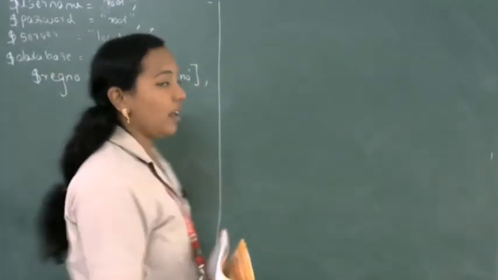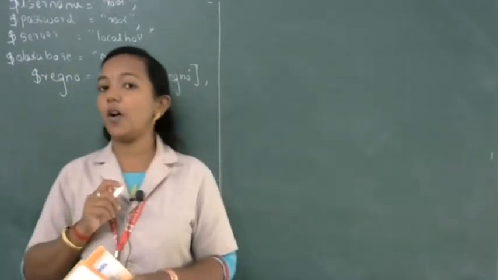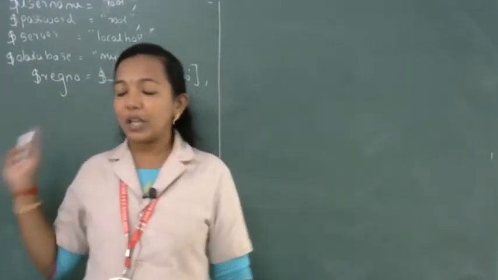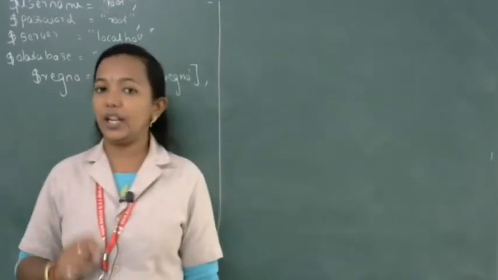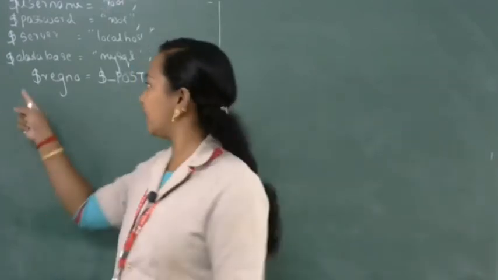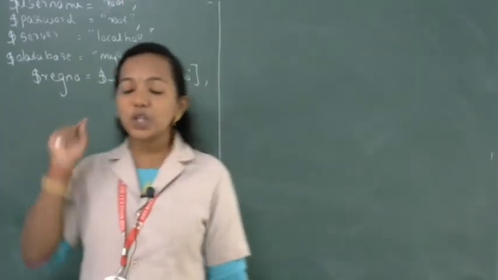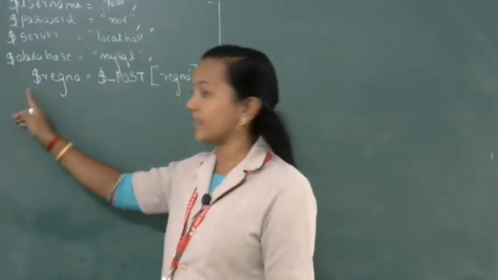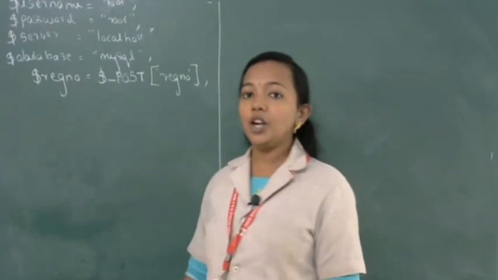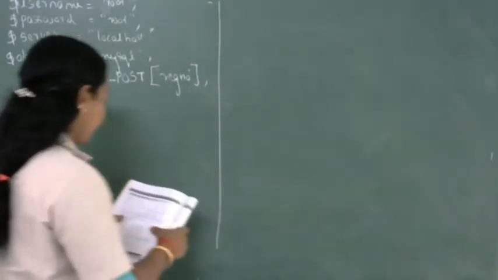What is the speciality of this statement? Because here we are using the post method for accessing the value. Which method? Post method, $_POST of register number. So whichever value we entered in the HTML text box is now in the PHP variable $register number. Okay, so next we are going to continue.